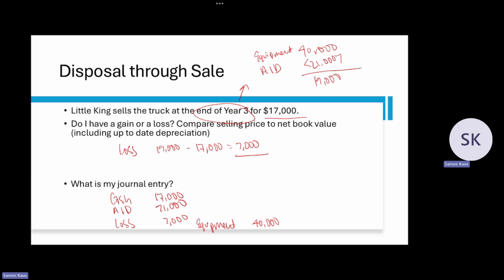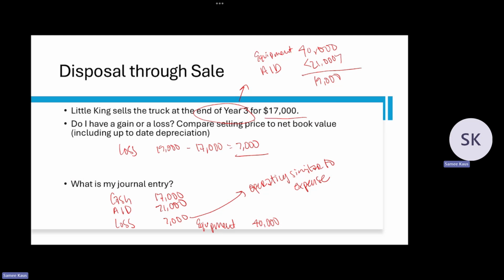Well, yeah, absolutely. Now, what do losses operate similarly to? Well, expenses, right? I know expenses in my expanded accounting equation have a normal debit balance. Well, I'm debiting something, I'm just calling it a loss, but it has the same impact, right?